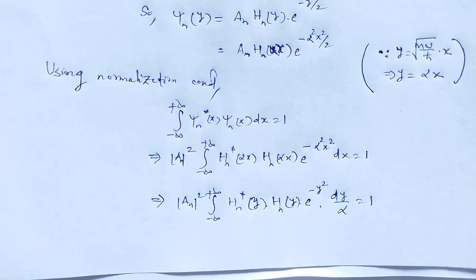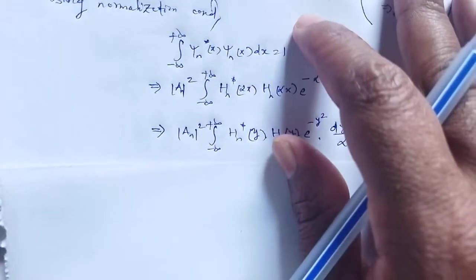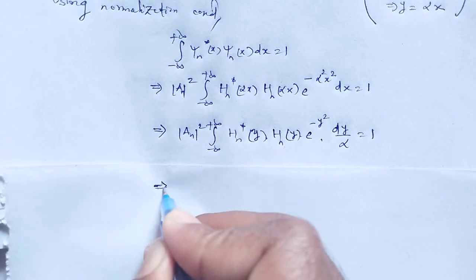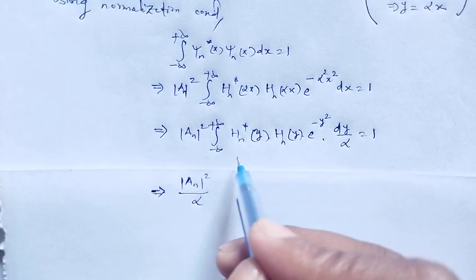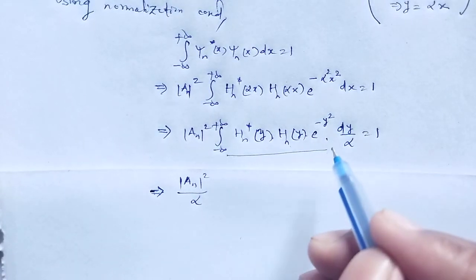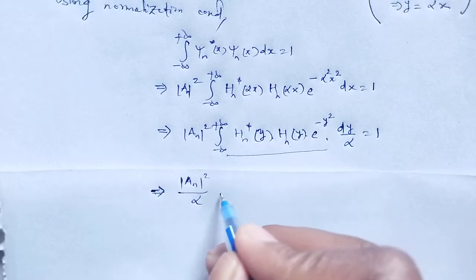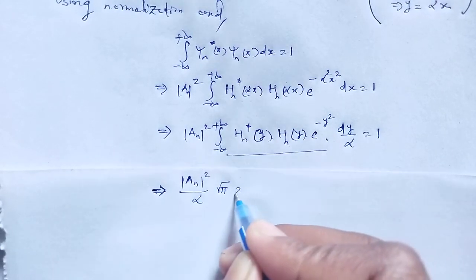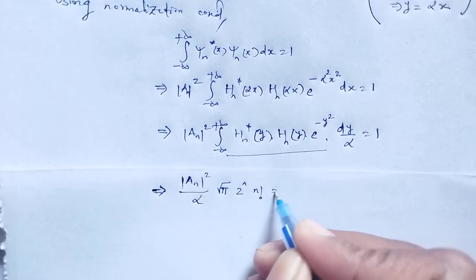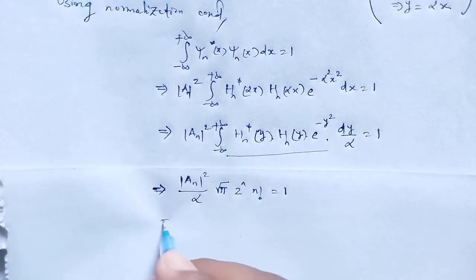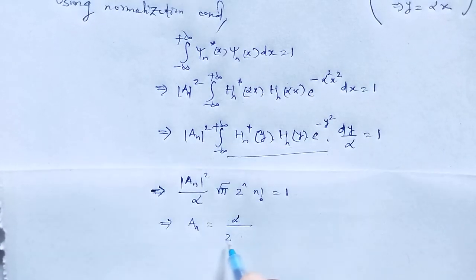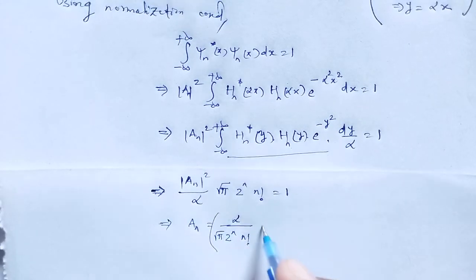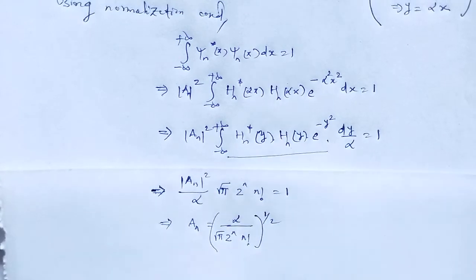Which implies magnitude of A_n square divided by alpha, using the orthonormality condition here, that is root pi 2 to the power n factorial, is equal to 1, which implies A_n is equal to (alpha divided by 2 to the power n factorial root pi) to the power half.